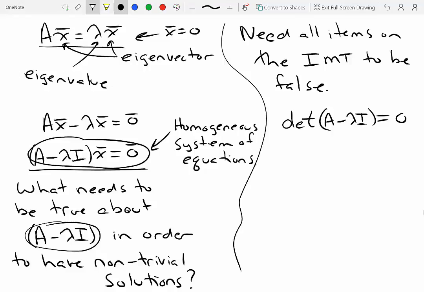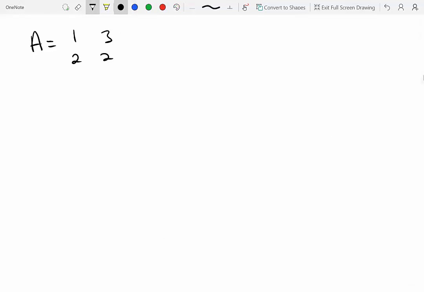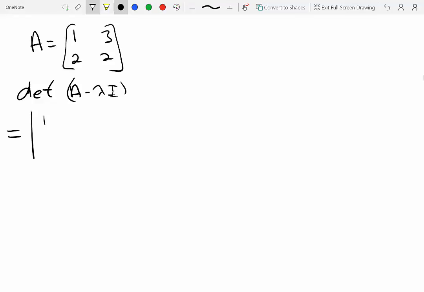Let's say that I had a matrix A which was 1, 3, 2, 2. And I wanted to evaluate this determinant of A minus lambda I. So I'll start by looking at the determinant of 1, 3, 2, 2 minus lambda times I, which would be the identity matrix multiplied by lambda, so it would have lambdas going down the main diagonal.